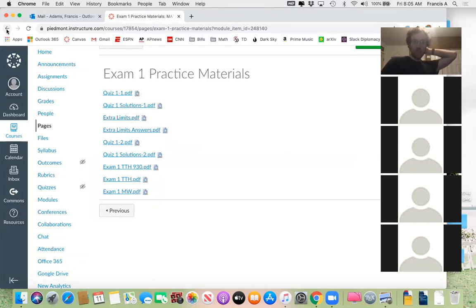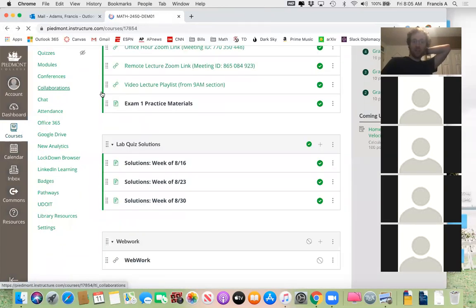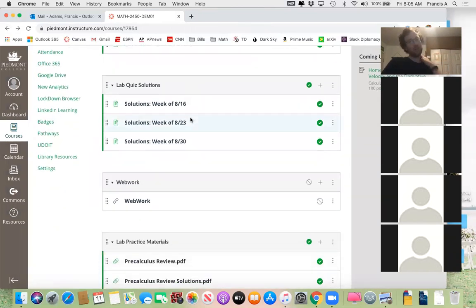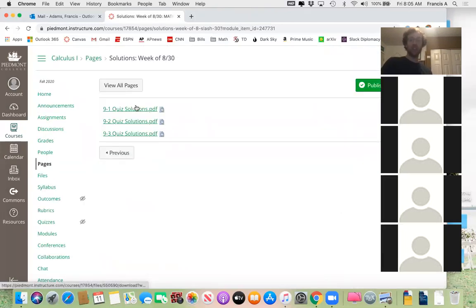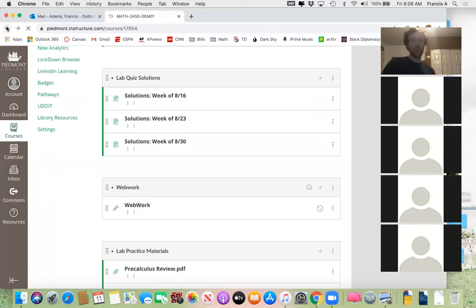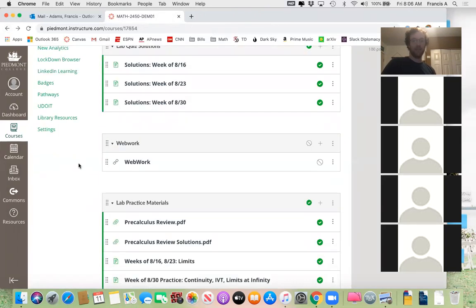Beyond the Exam 1 practice materials, I have the lab quiz solutions, something I've been a little behind on, but I'm caught up now. Here you can see not just the solutions to your quiz, but the solutions to all of the week's quizzes. The solutions from this week are going to be showing up soon, certainly this weekend, if not today.